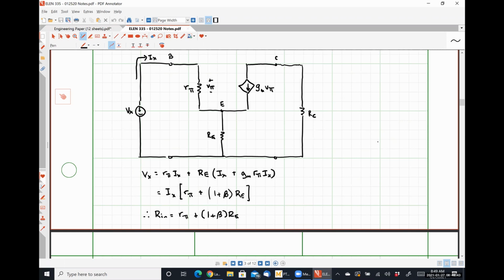So when I'm looking at my first stage, I'm just treating my second stage by its equivalent input resistance, because that's what I would see looking into that terminal. Working the problem this way, as opposed to drawing a small signal model for everything with all the different parts connected, should be significantly easier. Looking at it stage by stage should be significantly easier than looking at everything all at once.